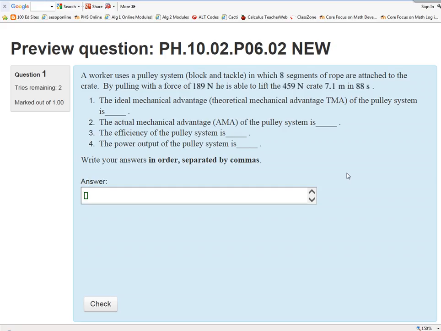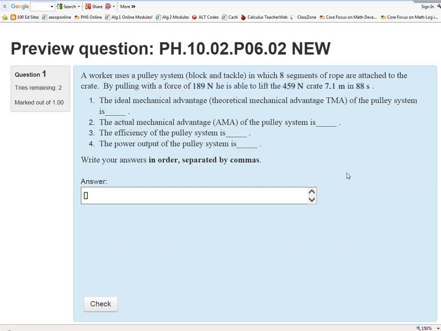The 189 divided by 8. Not 189. Remember, the ideal mechanical advantage has nothing to do with forces. That's the theoretical mechanical advantage. That has only to do with the properties of the machine.